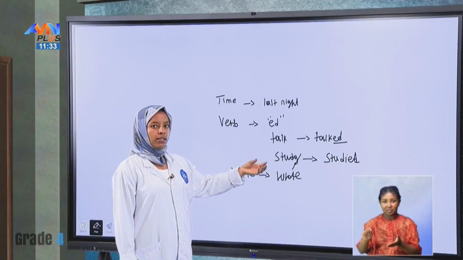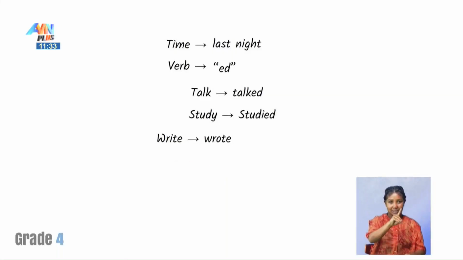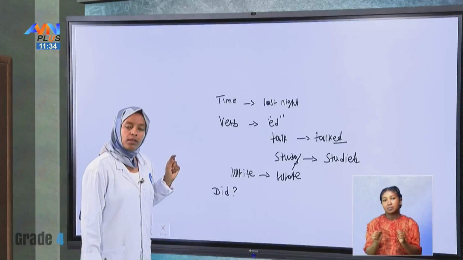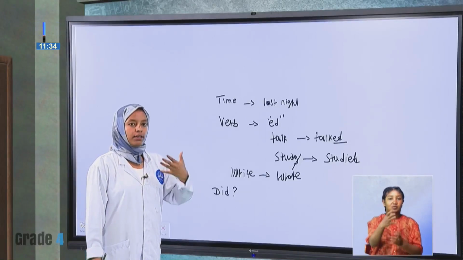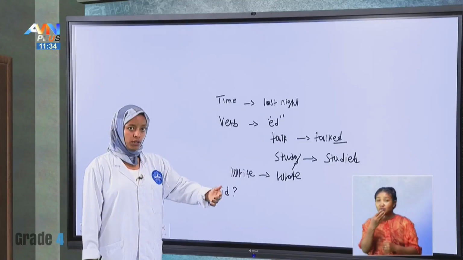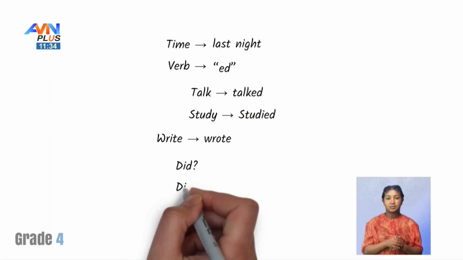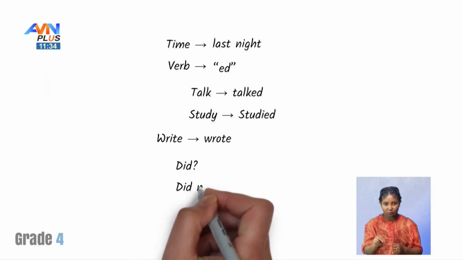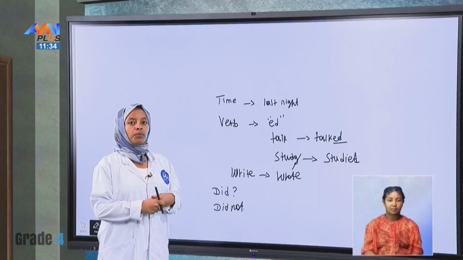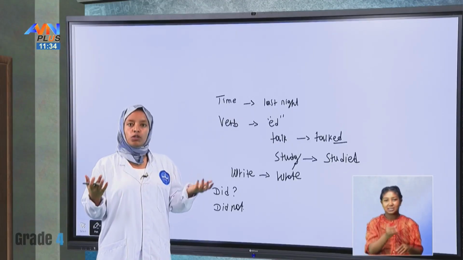So, students, we can also use did as a question or interrogative form, like asking a question, did you study hard? Did you eat your lunch? Like that. And also, we can use did not to make the sentences negative. I didn't eat my lunch.